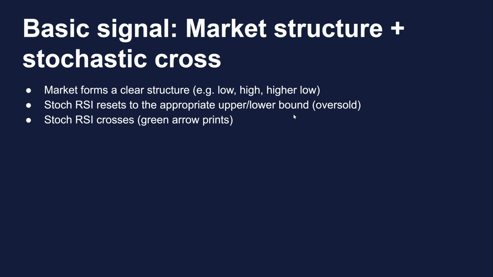In the long example, it'll be the oversold area at the bottom of the indicator. And once there, it will put in a cross, which in the case of a long will be a positive cross, which on my indicator is represented by the green arrow. Also represented by the white line, the fast line, crossing over the slow line.